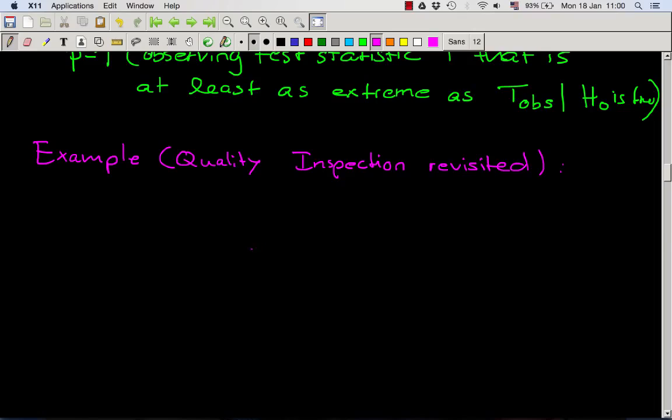So let me finish this video with an example. We had earlier an example where we were considering a two-sided test to compare the quality of parts produced by two different manufacturers. And we computed a value z_ops of minus 0.945. It's a two-sided test, and we would like to compute the p-value. Let me draw this.